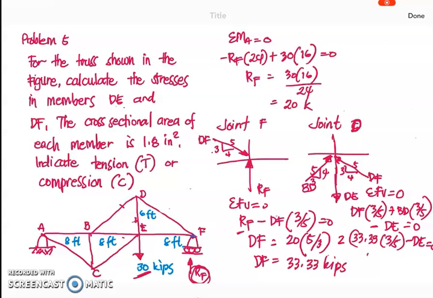DF is equal to DB, so 33.33 times 3 over 5 times 2, minus DE equal to 0. Therefore our DE is equal to 39.99, or simply 40 kips.